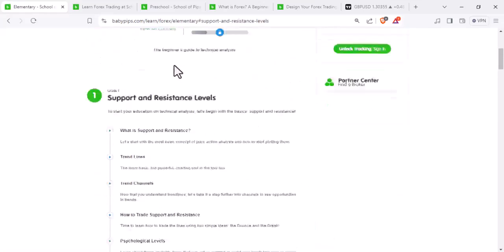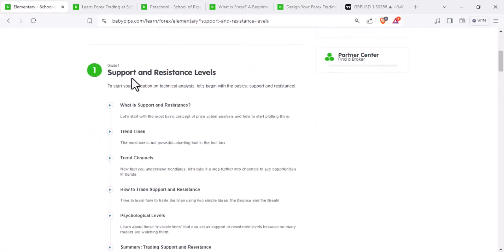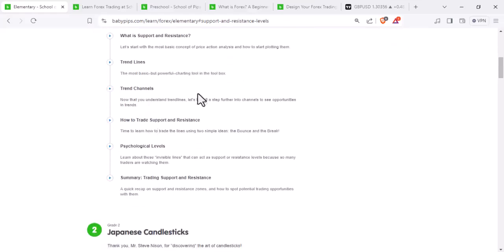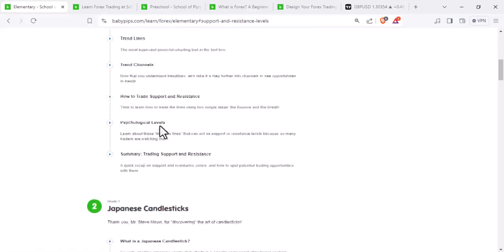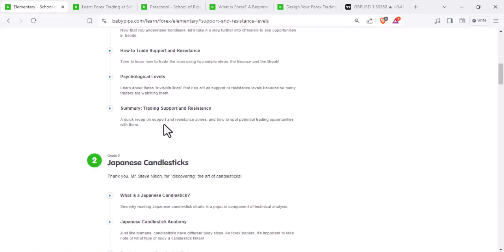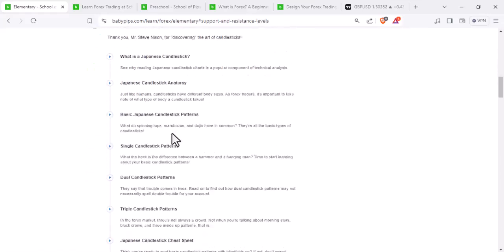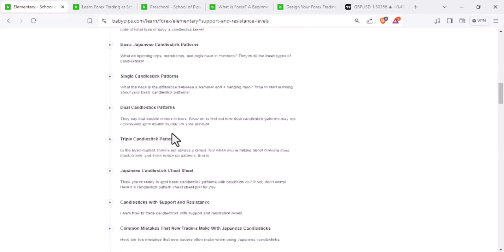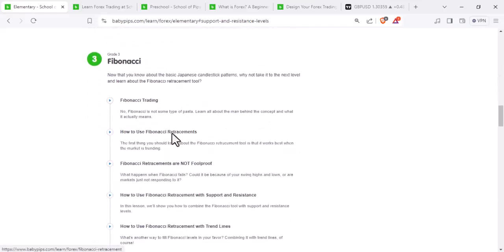So look at course 3.1 that talks about support and resistance. Here are the subtopics under support: trend lines, trend channels, how to trade support and resistance, psychological levels, trading support and resistance summary. And then you have Japanese candlesticks, and look at all the subtopics underneath Japanese candlesticks.